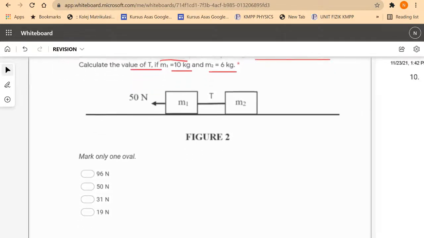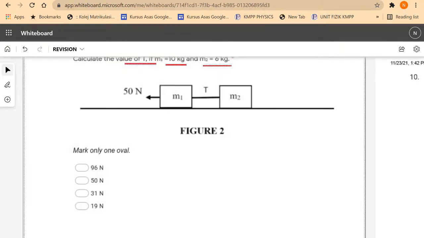So we can consider m1. The forces acting on m1 are the normal force and weight, and then tension away from m1, and the pull force, 50 Newton to the left.